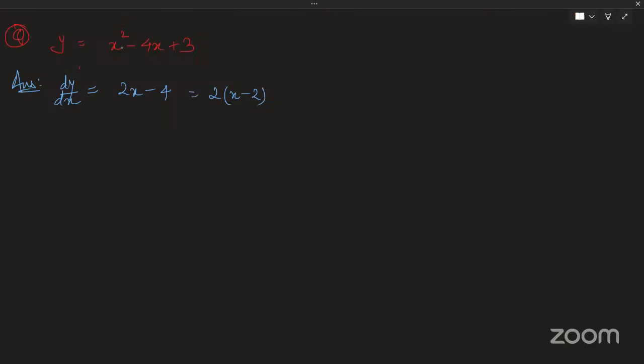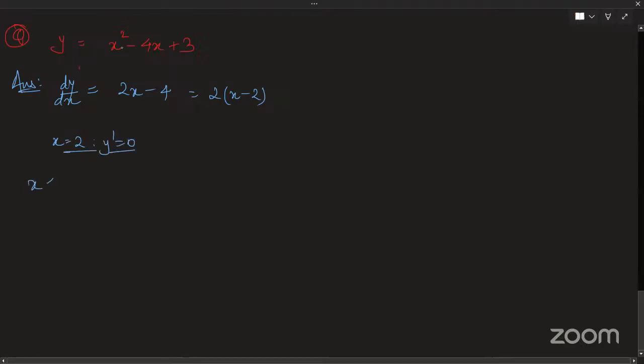So at what value of x is my dy by dx 0, first of all? When is dy by dx 0? x is equal to 2. So at x equal to 2, dy by dx is 0. If x is lesser than 2, is my dy by dx negative or positive?